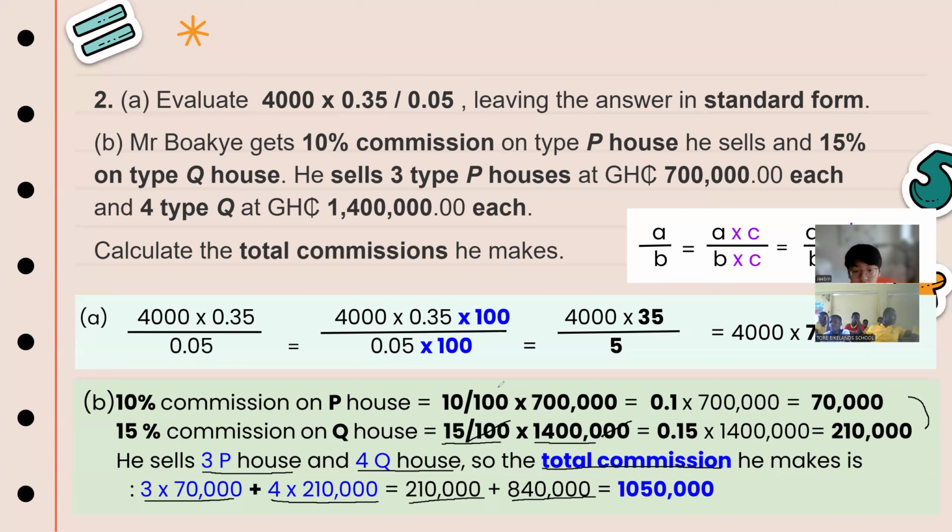And then it's important to convert the percentage to decimals because that's easier to multiply. And then finally, we find the total commission by calculating 3 times the commission for P house and 4 times the commission of Q house, because that's what was stated in the question.